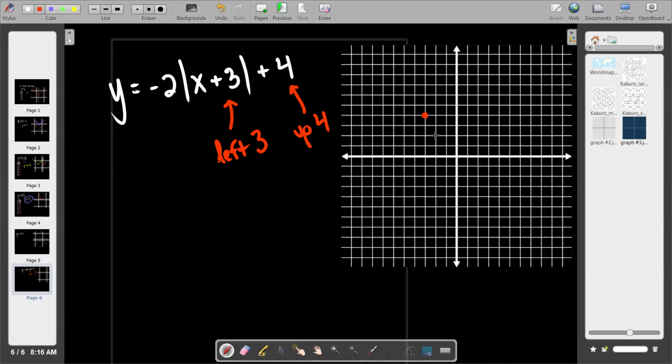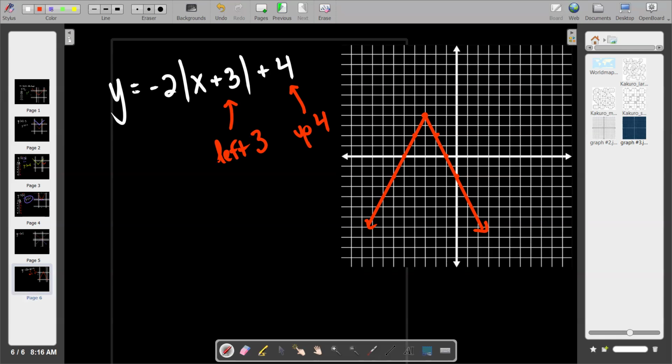I go out 1 and I go down twice as much, 2. And I just keep utilizing that slope of 2 or -2, depending on which direction I'm going, like that. And that's how quick and easy it is to graph an absolute value function. You just utilize your transformations, sometimes not all 4, go to your home base, and then build the function from there.